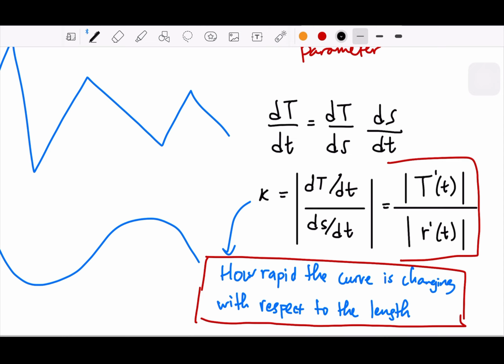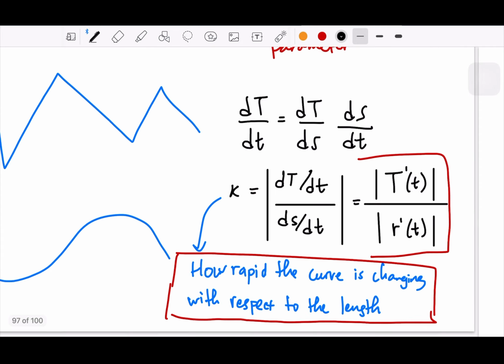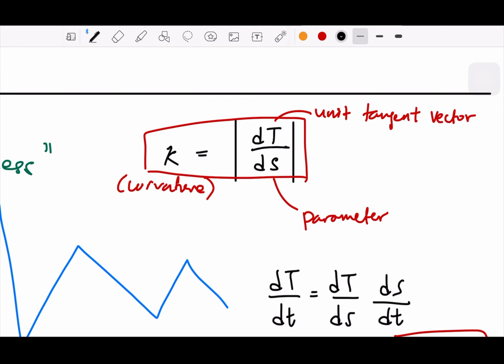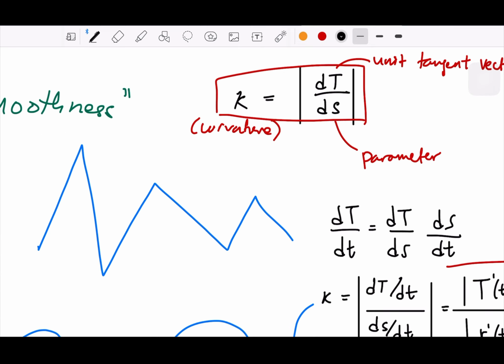So you see the unit tangent vector, dT over ds. It starts from dT over ds, the unit tangent vector divided by the parameter of length. s is actually a length.